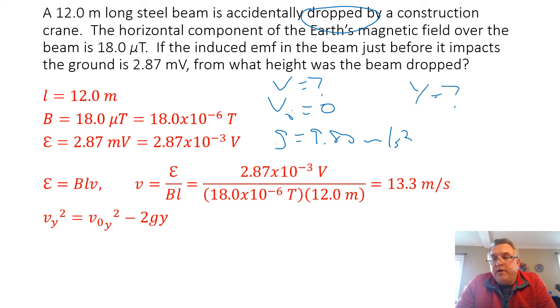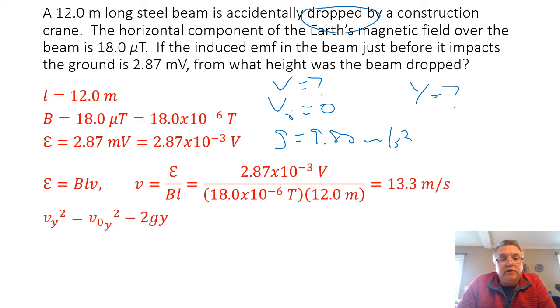So if I have those 4 variables and I look back at my kinematic equations, I know that I'm going to want to use velocity as a function of displacement. And we are in the y direction, so we're going to use the one for free fall, essentially, is what's happening with the beam. The beam is in free fall. So I'm going to have Vy squared is equal to V naught y squared minus 2 times g times y.